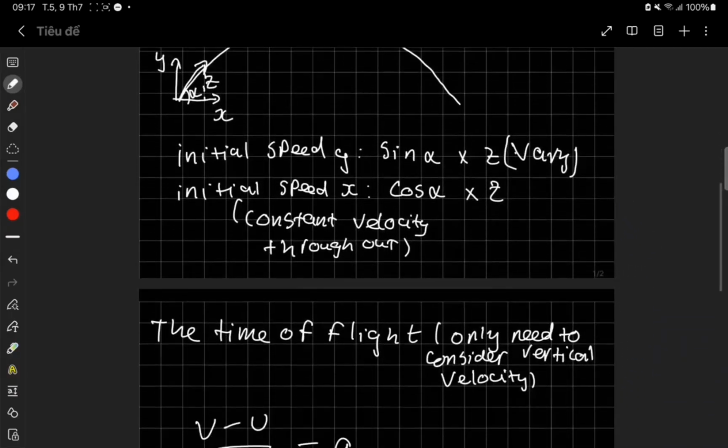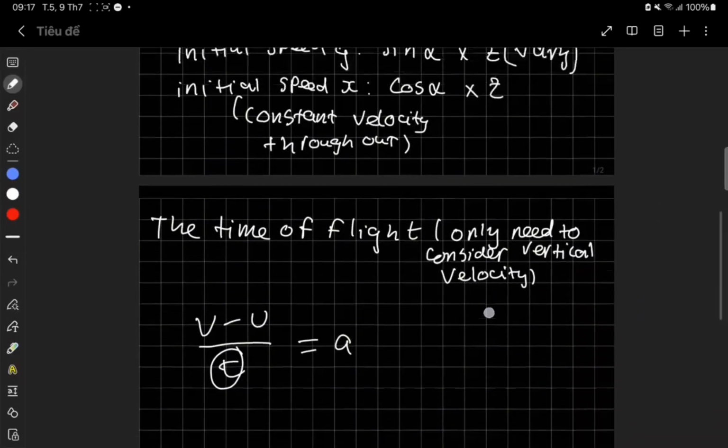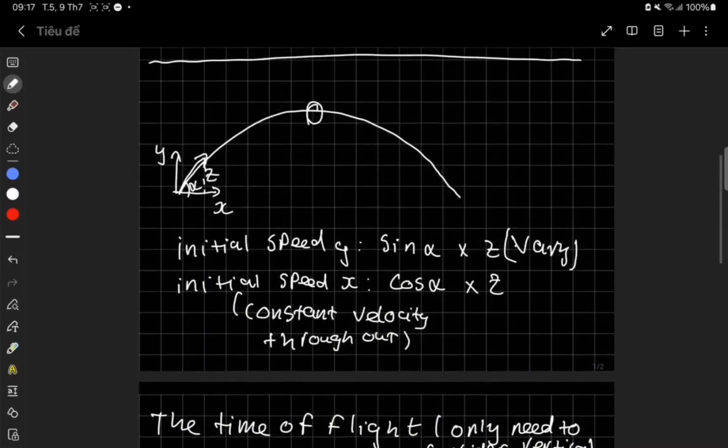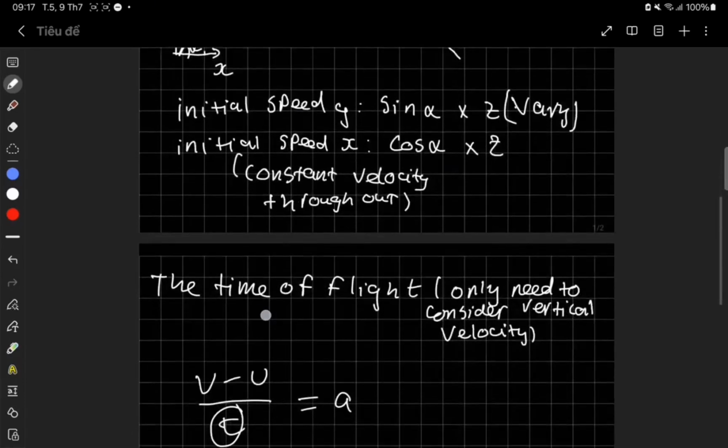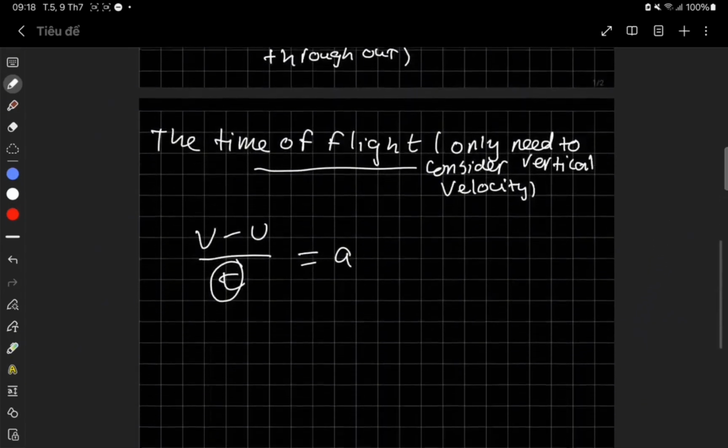So from this we know that this t right here is only the time to reach the maximum height, and so in order to find the time of flight we have to multiply it by 2, because in terms of time the two parts are equal.